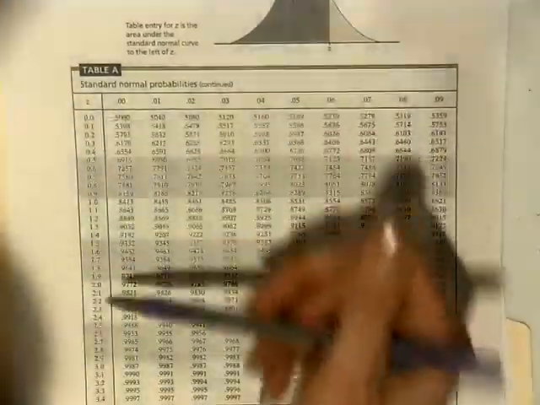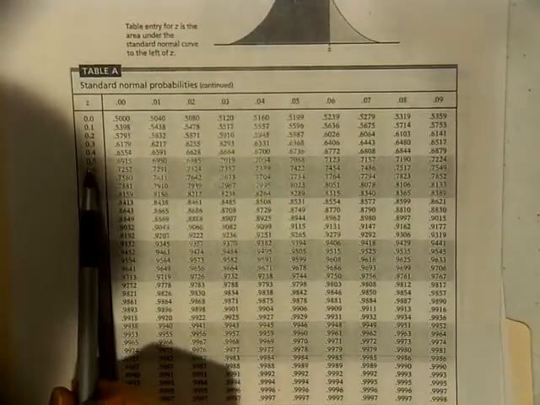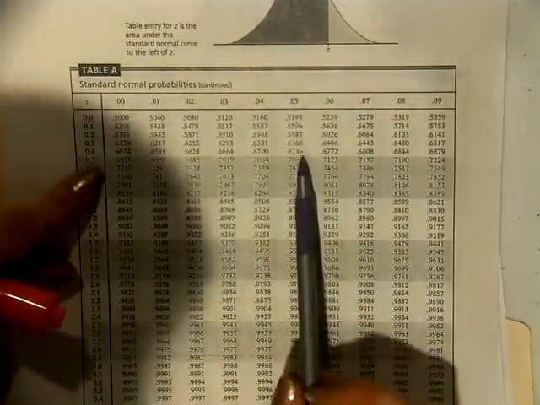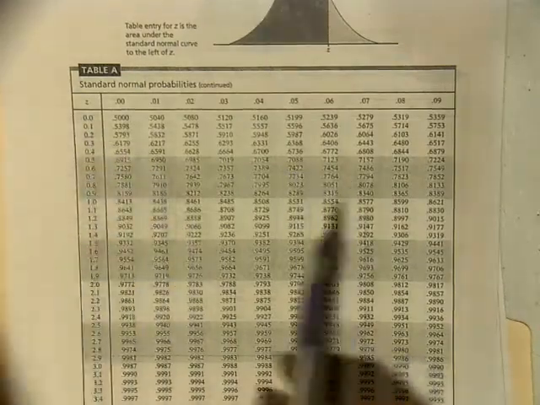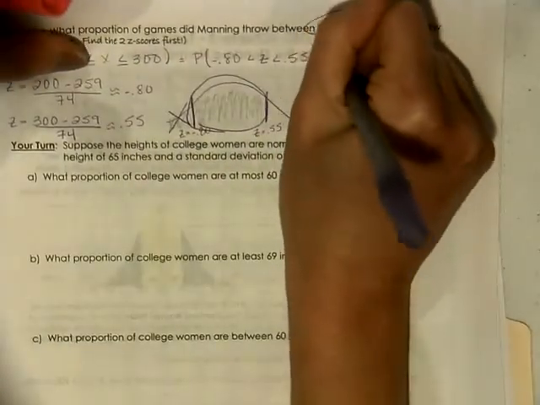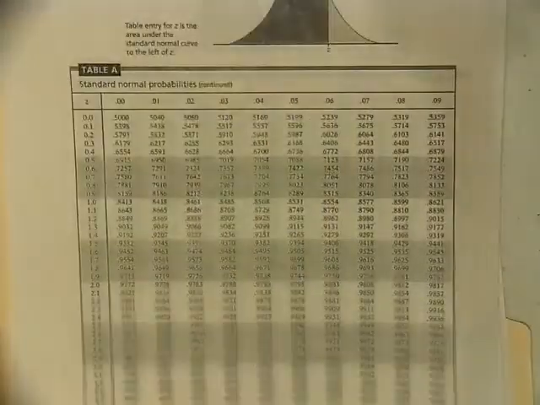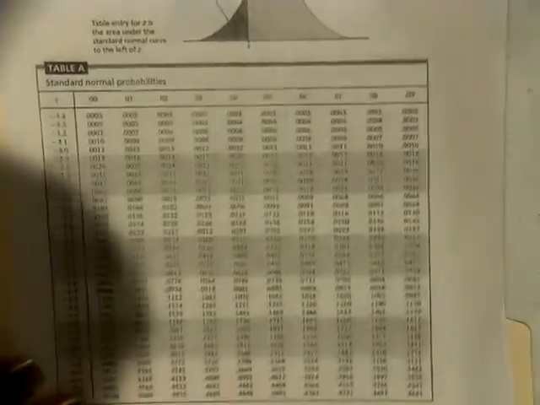So make sure you're on this side with the positive z-scores. So 0.5 and then 0.5 for the hundredth. And I got 0.7088. Minus, now I'm going to switch because I have a negative z-score for the next one.